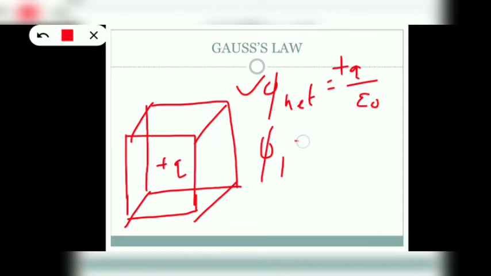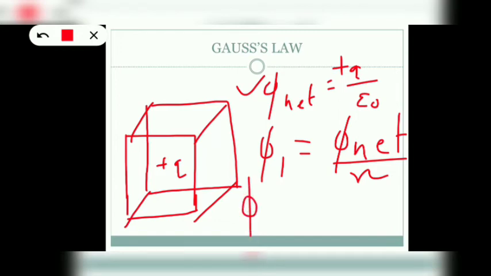The total flux passing through any one face of any structure will be equal to phi net divided by n, where n is the number of faces for that particular structure. And you know, for a cube, how many faces are there? 6 faces are there.